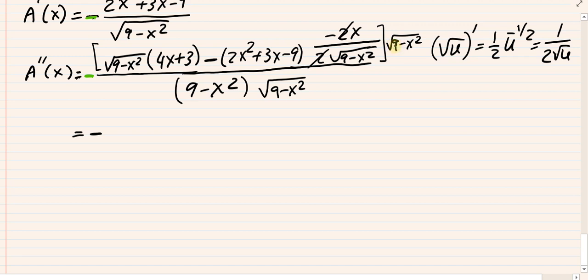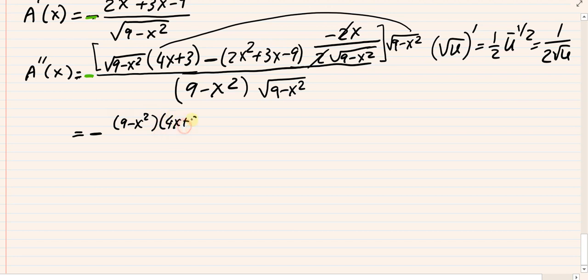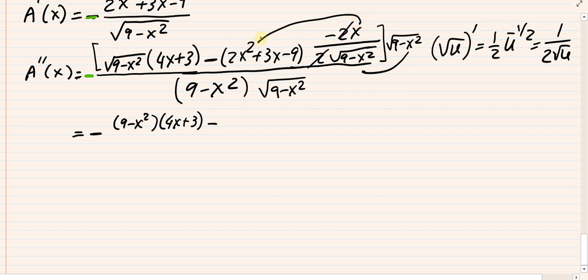Now doing so, when we distribute root 9 minus x squared times root 9 minus x squared, that's just 9 minus x squared times 4x plus 3, minus, in the distribution we're going to lose the radicals here, so that's just going to be x times these, so that's going to be negative 2x cubed, negative 3x squared, positive 9x.